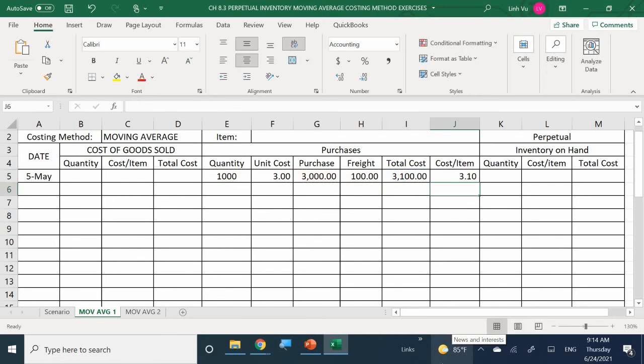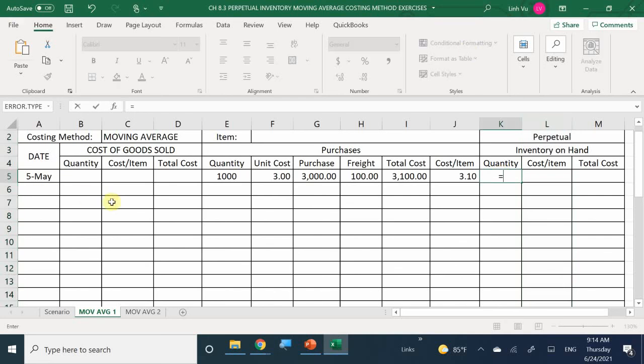Now this is where my inventory on hand is going to change as well, because my idea here is that I want to constantly keep calculating my average cost per item. So in this case, my formula is going to live in my middle section right here in my average cost per item. What I'm going to do here is just copy the information over.